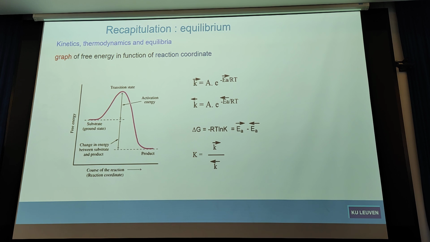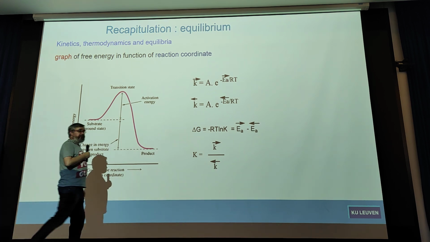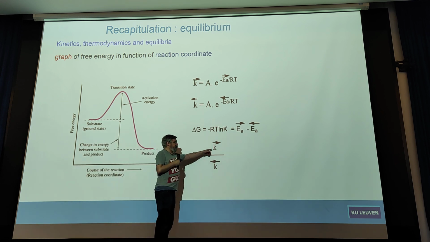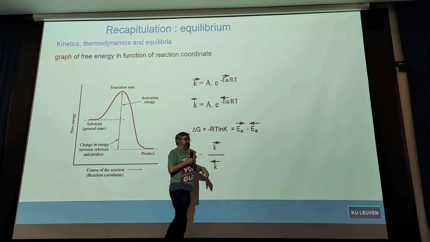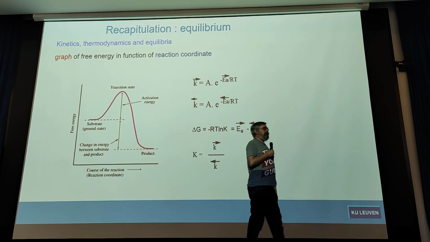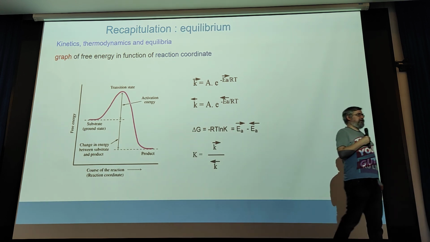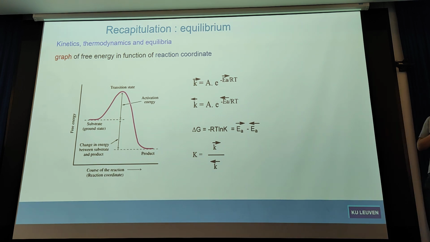The reaction going to the products is much faster than the one going back, due to the smaller activation energy. The way we express that is by making the ratio of the two. If this rate is a lot faster than that, we get a big K, and we have mostly products, and most of the reagents will be gone.